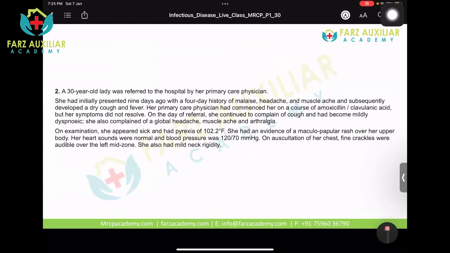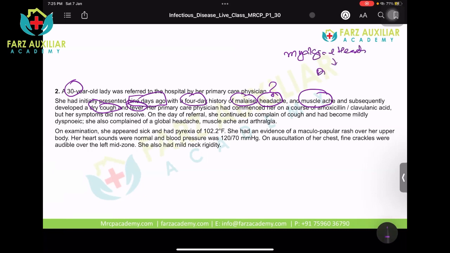A 30-year-old lady, so she again is a young lady, referred by her primary care physician. She initially presented 9 days back with a 4-day history of malaise, headache, muscle ache, and subsequently dry cough with fever. So what we have is something that started with myalgias, headache, and then culminated into dry cough and fever.